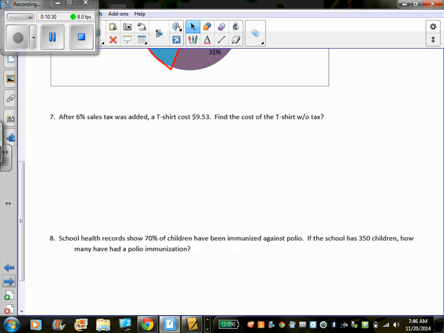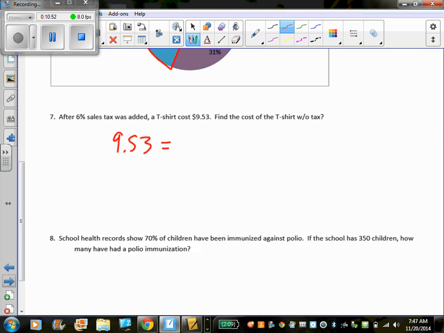All right. After 6% sales tax was added, a t-shirt costs $9.53. Find the cost of the t-shirt without tax. Okay, so on this problem, we know the shirt is $9.53 after tax, and the tax is 6%.